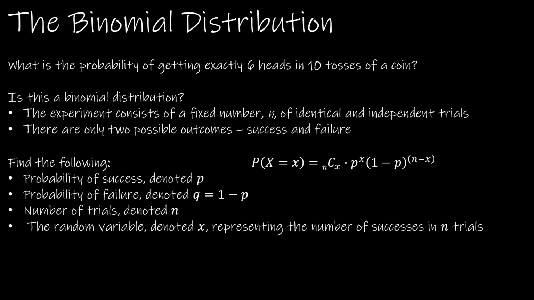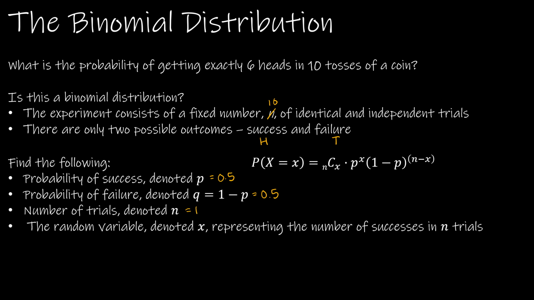And there's only two possible outcomes, success, which is heads, and failure, which is tails, and of course n would be the 10 tosses. So let's go ahead and find the values and then set up our equation. The probability of success, we said, was 50% because half the time I'm going to get heads, which means the probability of failure is 1 minus 0.5, which is 0.5 or 1/2.